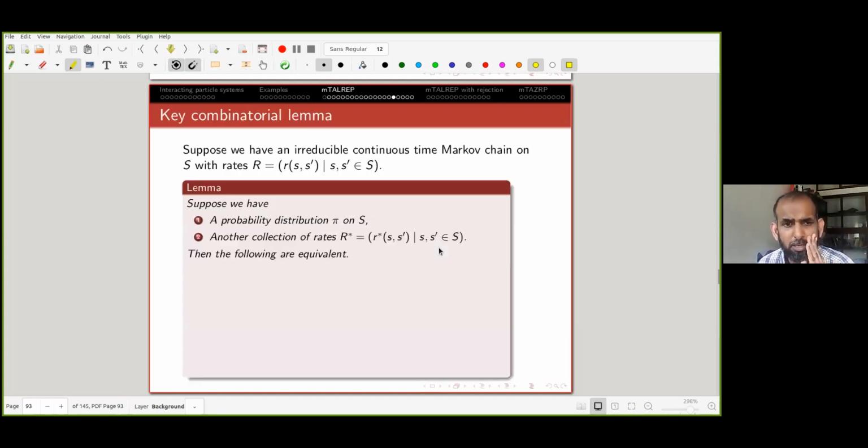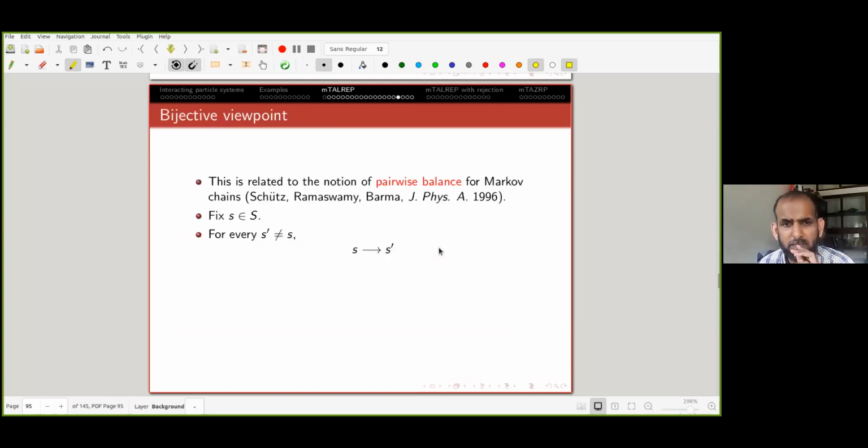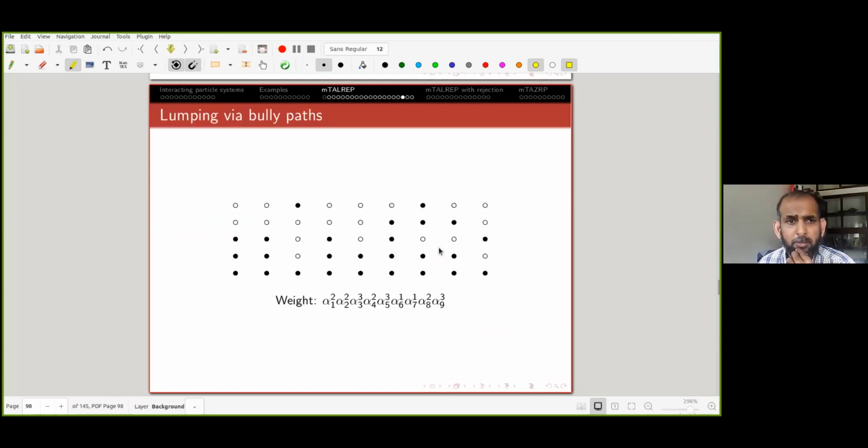I'm running out of time, so I won't explain this key combinatorial lemma, but let me explain how the projection works. This is a Markov chain on an enriched, larger space, and this will project onto the multi-species TAZRP, and the projection will go as follows. What I'm going to do is take a multi-line configuration and give you a multi-species configuration in one row.